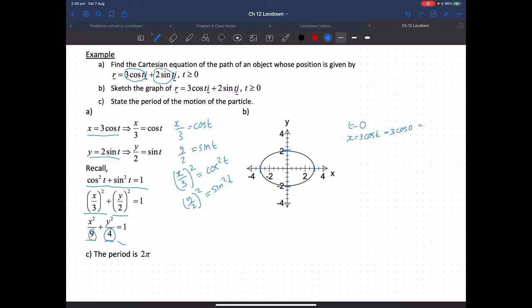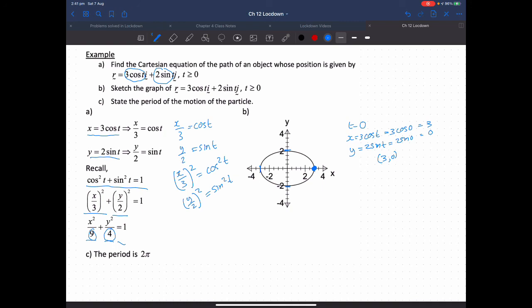The cosine of 0 is 1. 3 times 1 is 3. y is equal to 2 sine t. So I'd have 2 sine 0. Sine of 0 is 0. 2 times 0 is 0. So this particle is starting at the point 3, 0. I'm actually going to mark that in on the graph so you can see.